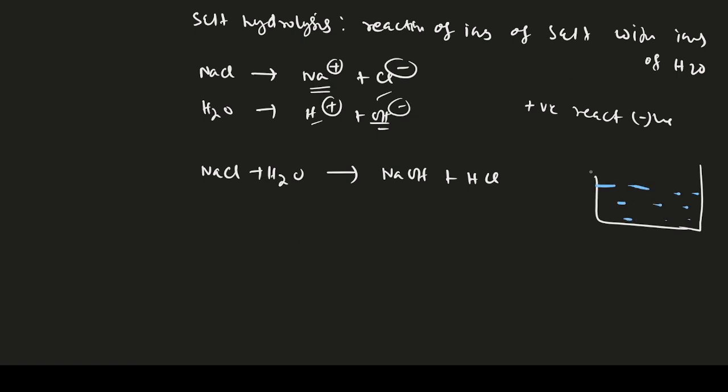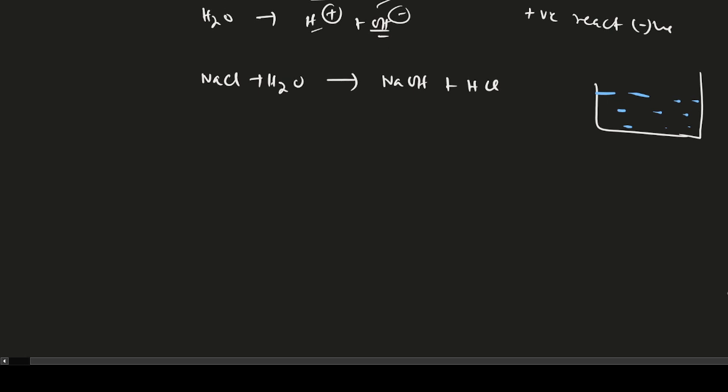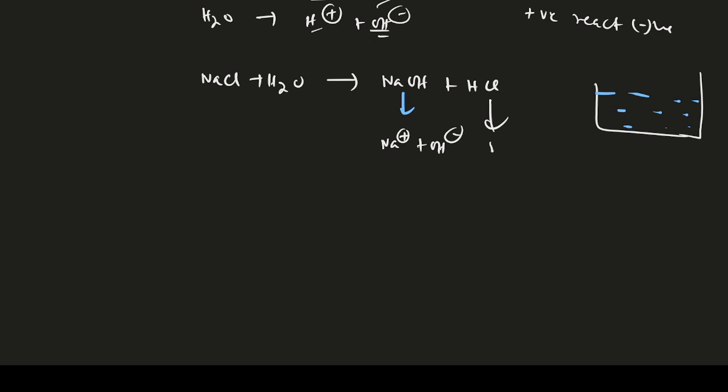But the problem is in the solution, these are strong electrolytes, so NaOH again gives Na plus and OH minus, and HCl again gives H plus and Cl minus.